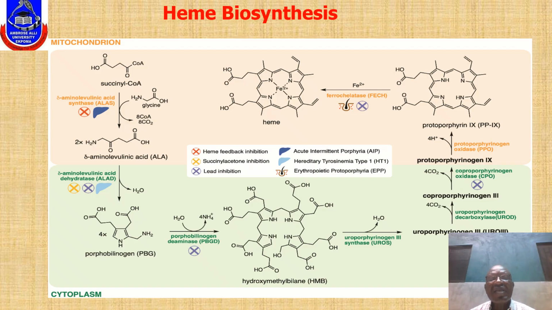The fourth step is formation of uroporphyrinogen 3. Uroporphyrinogen 3 is catalyzed by the enzyme uroporphyrinogen 3 synthase, that is UROS.